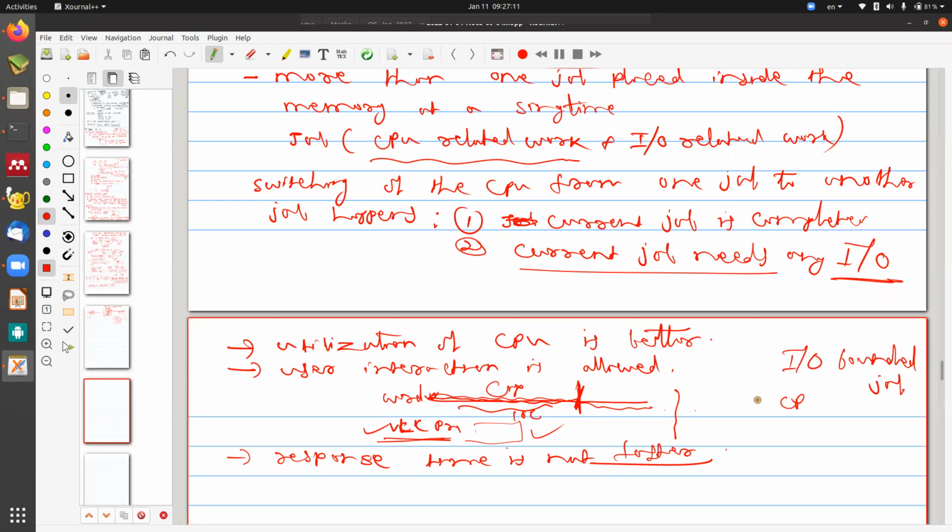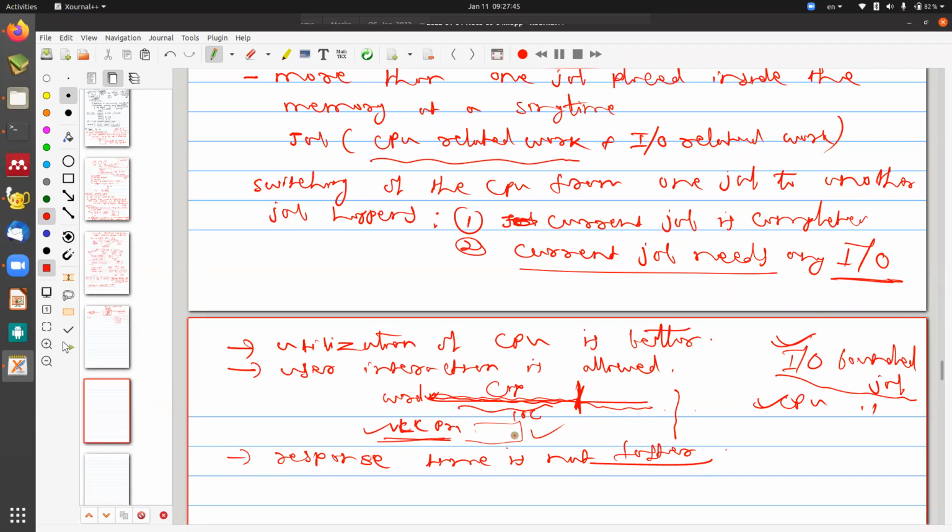Guess what a CPU bounded job and an IO bounded job are. In an IO bounded job, most of the work written inside the program is IO related, and in a CPU bounded job, most of the work written inside the program is CPU related. Means in some programs I don't write much printf and scanf, only computation like this. But in some cases I need more input output, ज़्यादा display कर रहा हूँ, ज़्यादा scanf लिखा हूँ. In that case it is an IO oriented job.